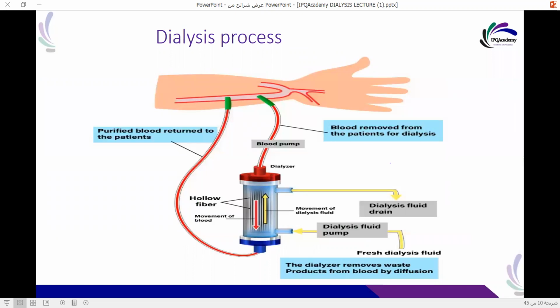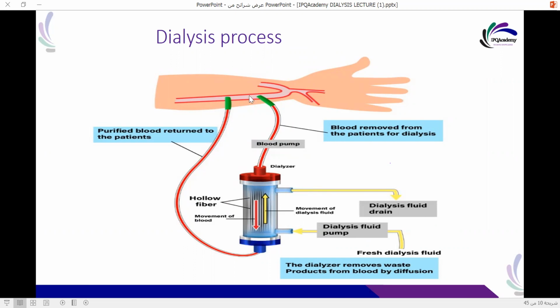What about the dialysis process? We explained it and we will focus on it again. Here is the dialyzer, and from here the dialysis fluid passes from down upward, and this is the drain, after carrying the waste removed from the blood to the dialysis side by diffusion, then it passes through the drain to pass away.